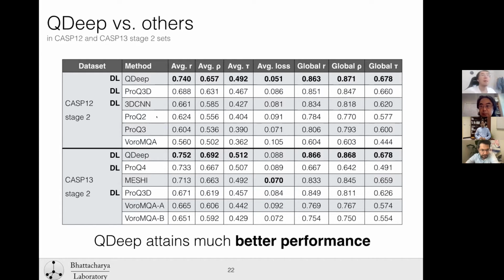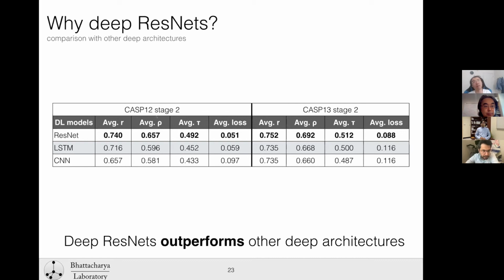So it turns out that deep learning seems to be making some progress in the quality estimation area. Next, a natural question to ask is, are there other deep classifiers apart from deep ResNets that we can use for this purpose?